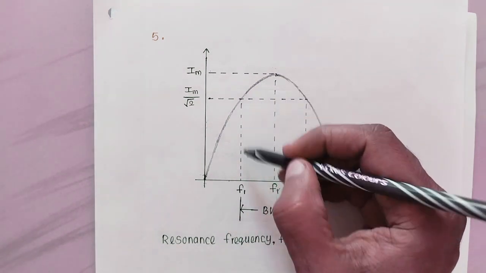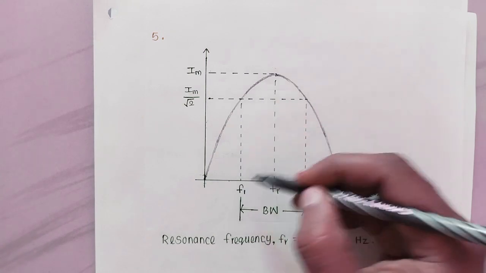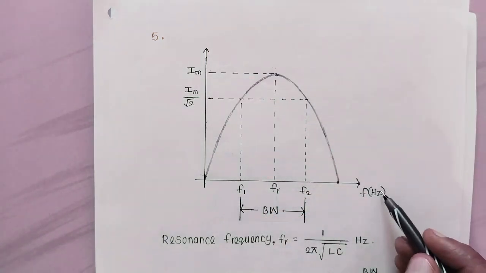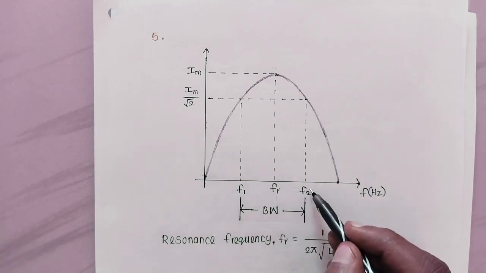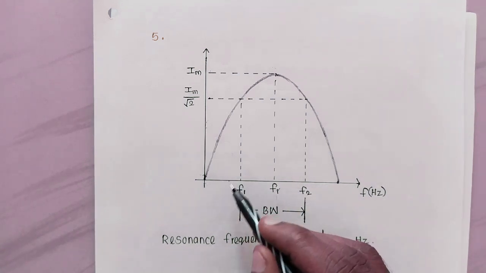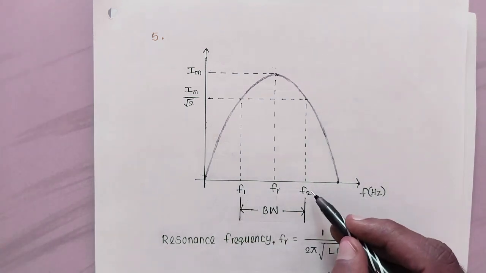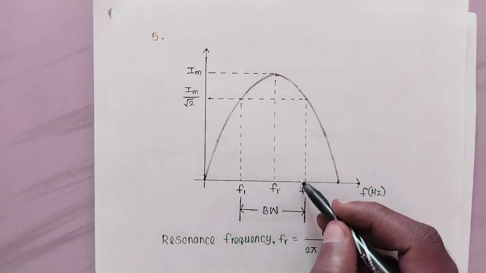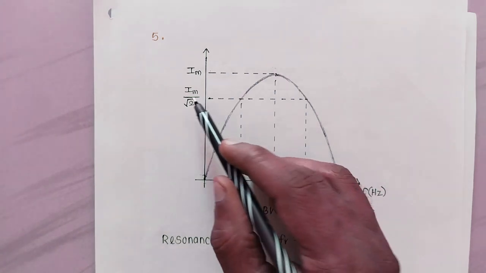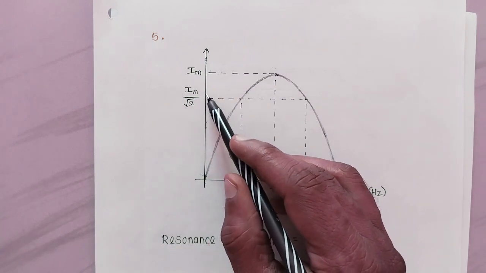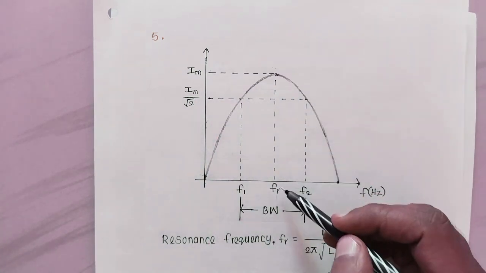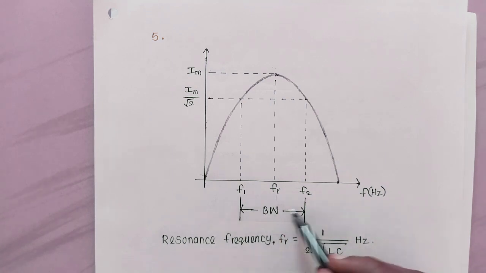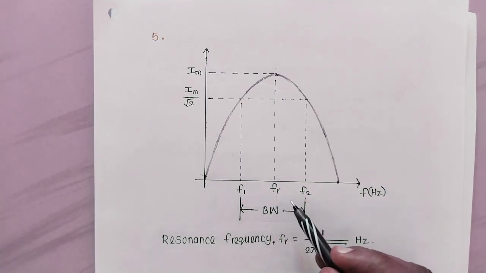If you project those points onto the frequency axis, we get F1 and F2. F1 is called the lower cutoff frequency and F2 is called the higher cutoff frequency. So at the cutoff frequencies, current in the circuit is Im by root 2, or 1 by root 2 times the current at resonance. The difference of the lower cutoff frequency and upper cutoff frequency is called the bandwidth.